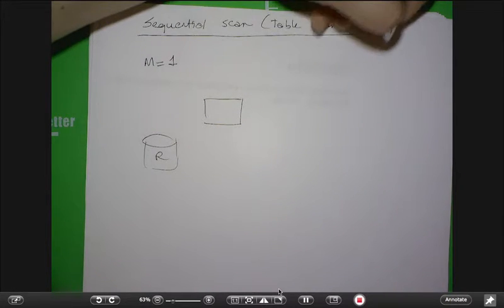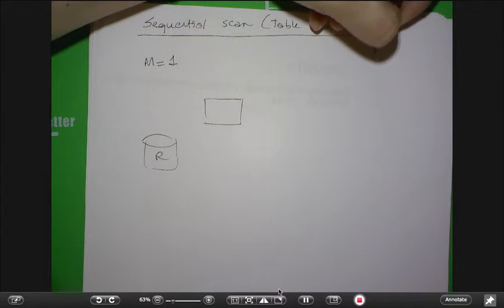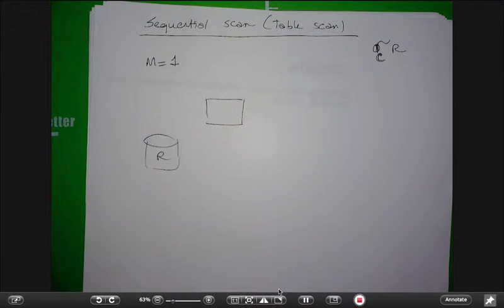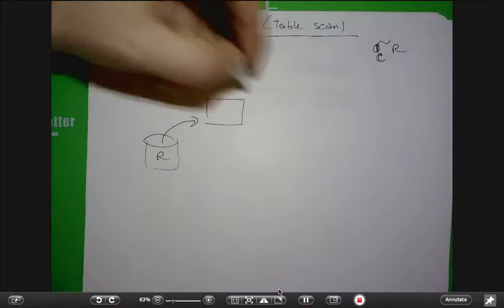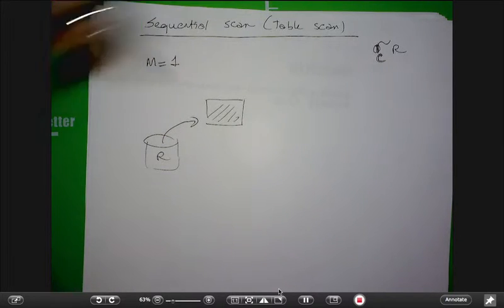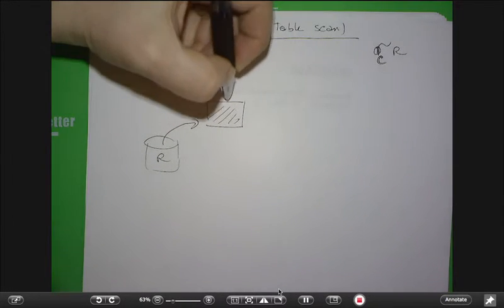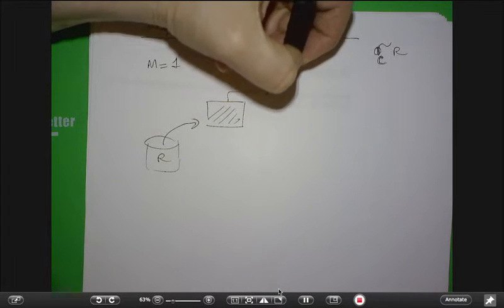So we are doing scan. So this is to answer some condition on R, right? Read one data page of R into one block, right? One page, page1.txt, read it into here. Then scan the tuples in here to see which ones satisfy C, and the ones that satisfy C, output.